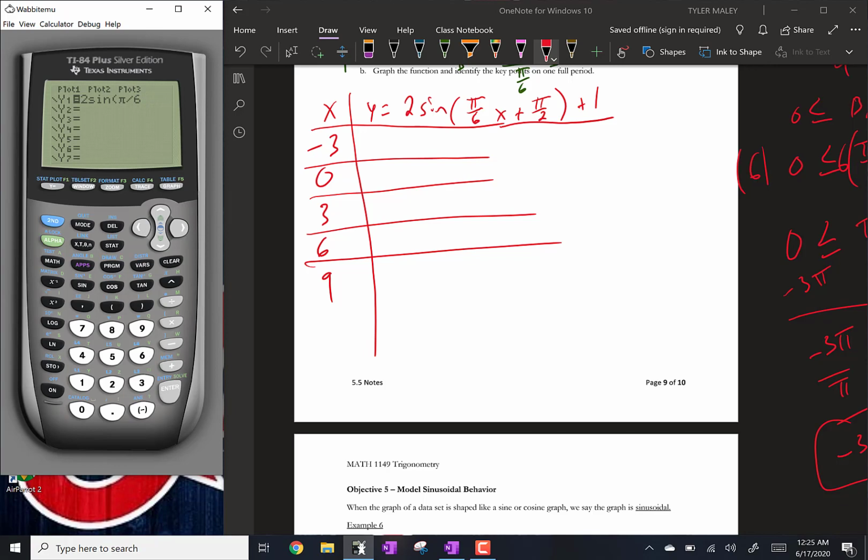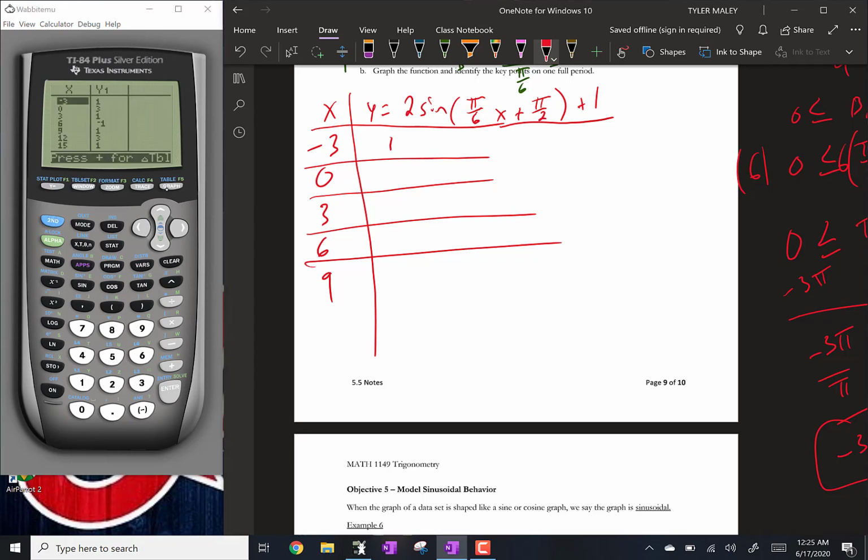So we have 2 sine of pi over 6 x plus pi over 2, plus 1. My calculator is already in radians, so I'm going to go to the table set. We want to start the table at negative 3 and go up by 3 each time.